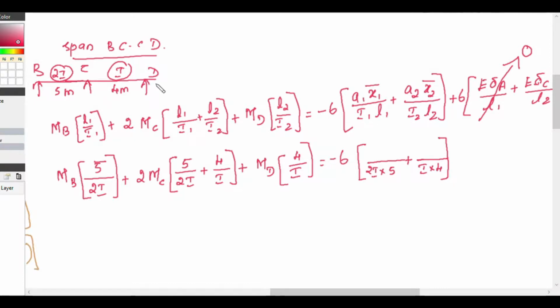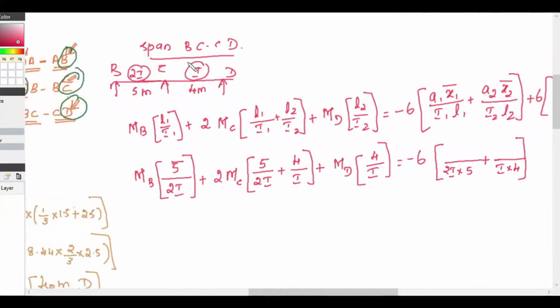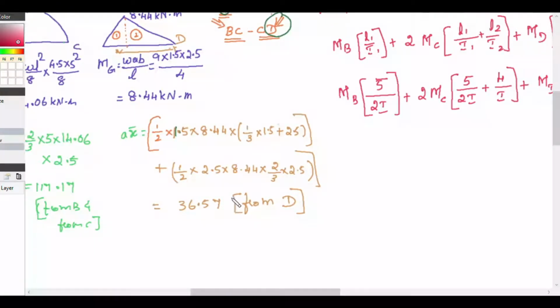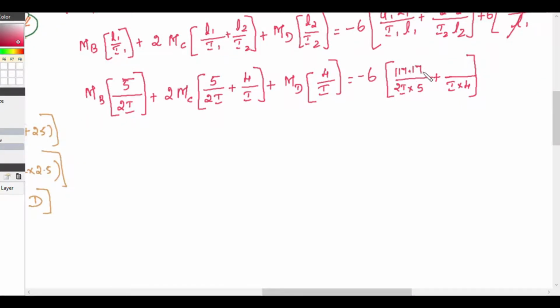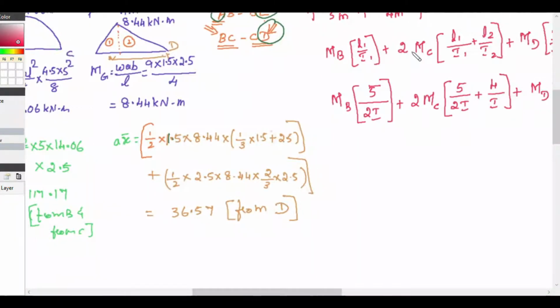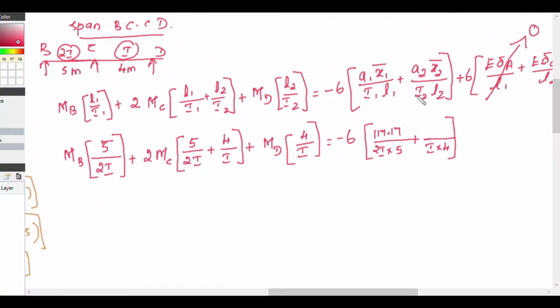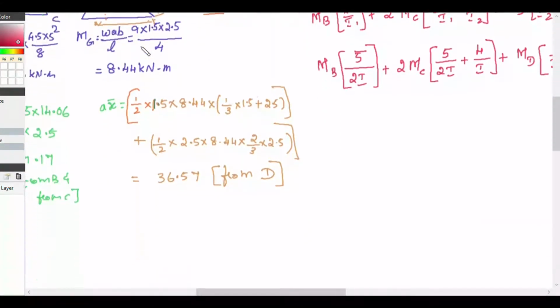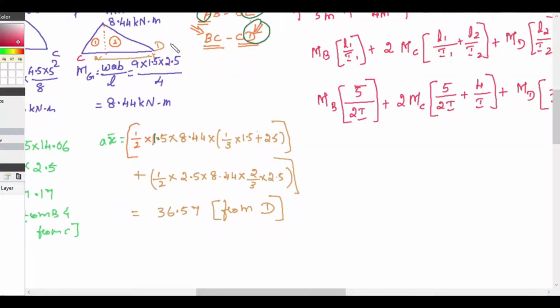Now A1 x1 bar is for the span BC measured from B, and A2 x2 bar is for the span CD measured from D. For span BC measured from B, the value is 117.17, plus for the span CD measured from D, the value is 36.57.